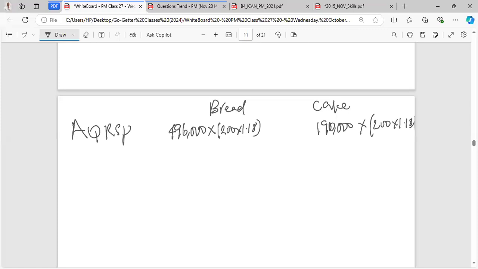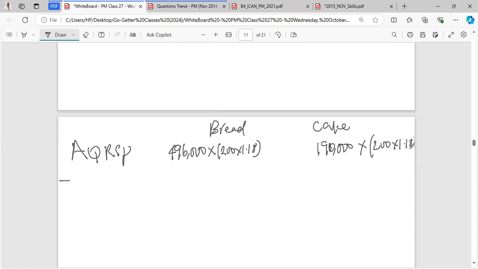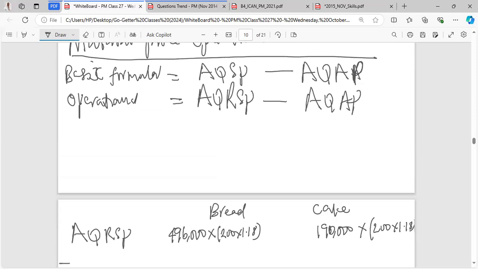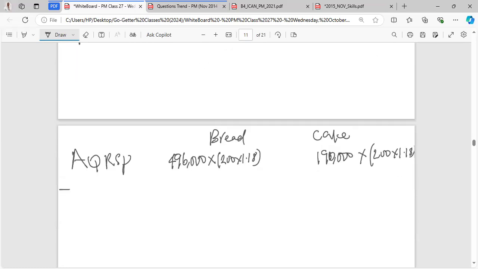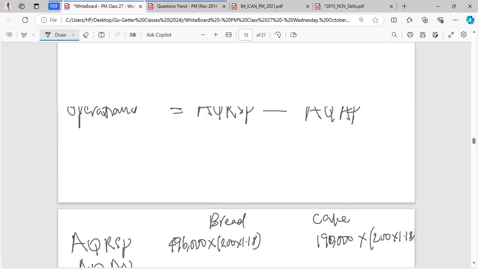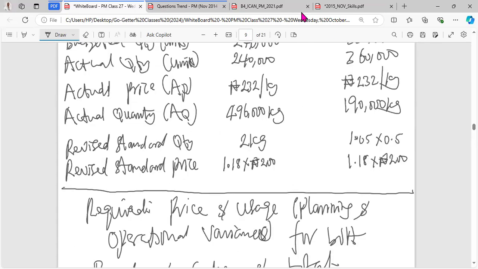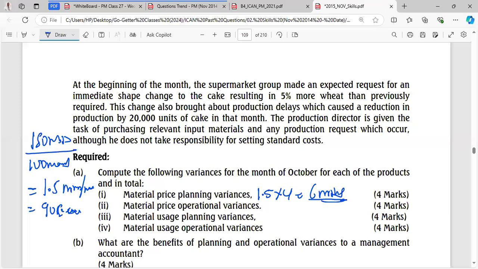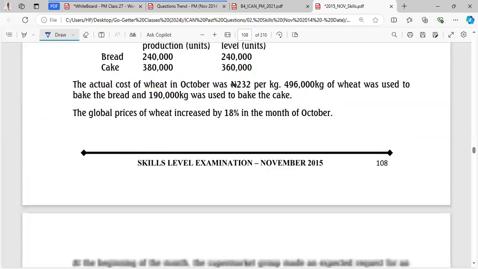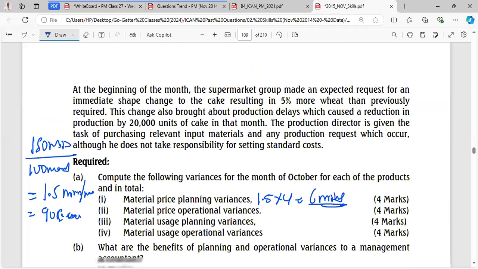Now we are saying minus actual quantity, actual price. Are we given the costs? From the question, we are not told how much we spent totally. So what is the actual quantity?